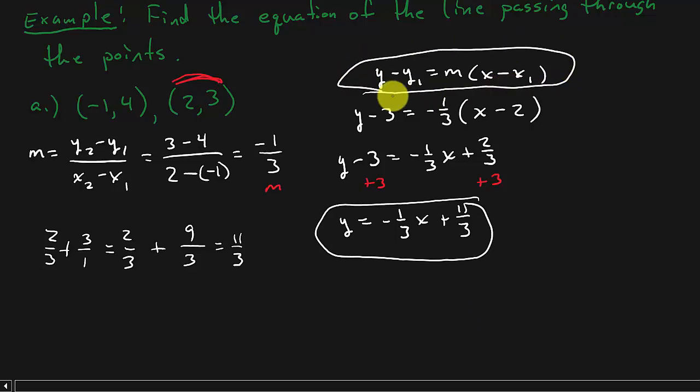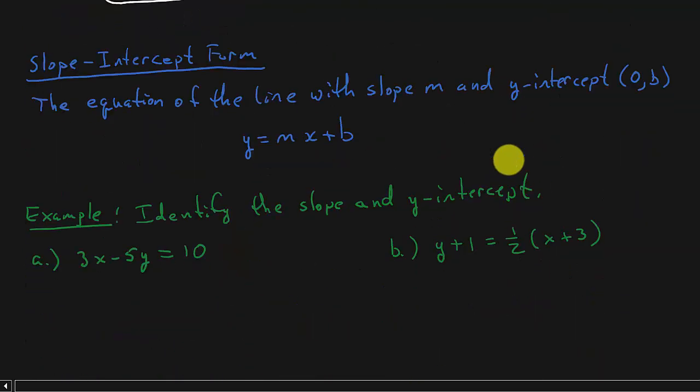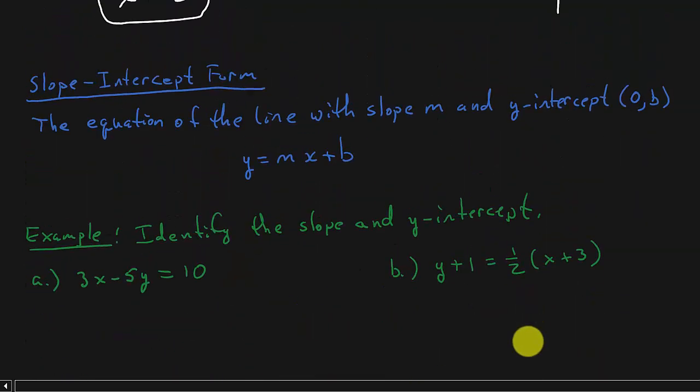The thing that's going to be different is how we find the slope. Okay? And look, if you take calculus or trig or pre-calculus or something like that, you'll end up finding the equation of a line in those classes also. And what's going to differentiate those problems from these is the way you find the slope.